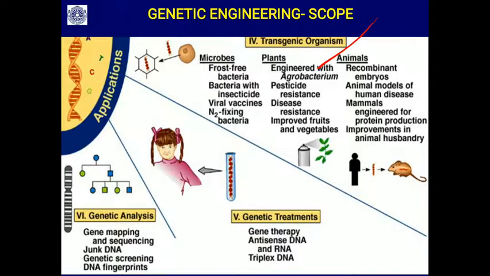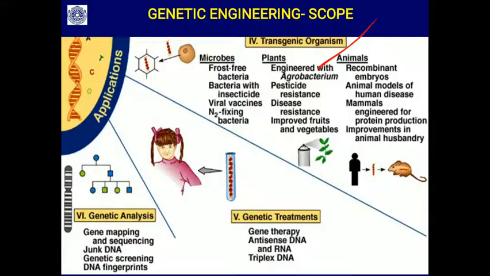So many microbes, transgenic microbes, have been developed. They are useful as frost-free bacteria, bacteria with insecticide, viral vaccines, then nitrogen fixing bacteria, plants, agrobacterium. Then pesticide resistant plants, Bt cotton, disease resistant plants, so many in the field of agriculture.